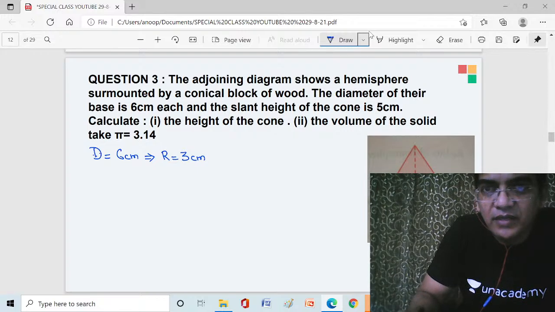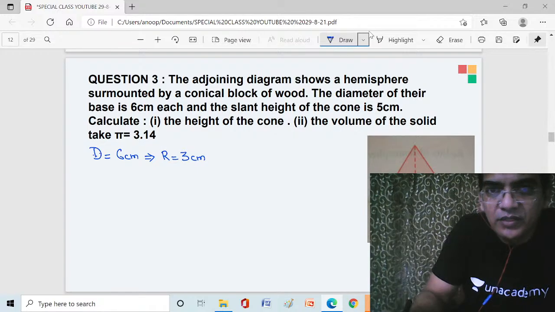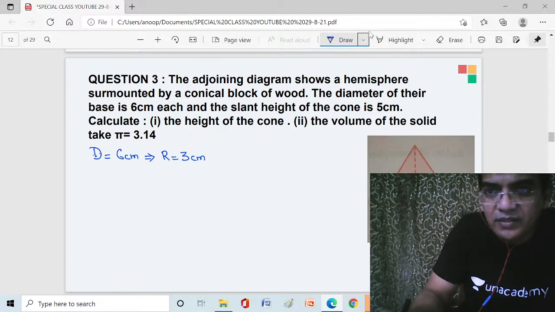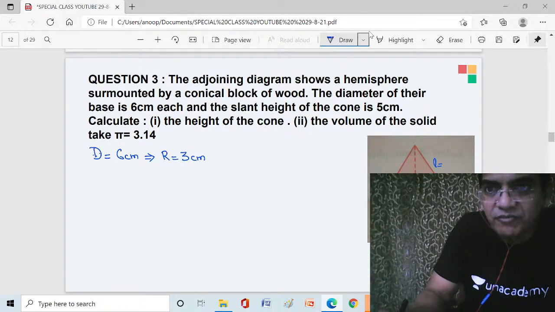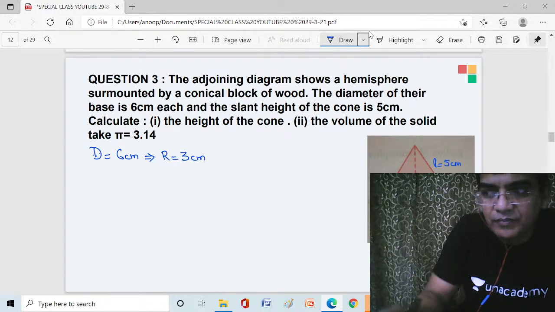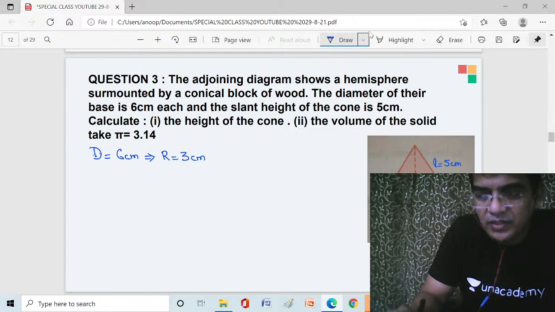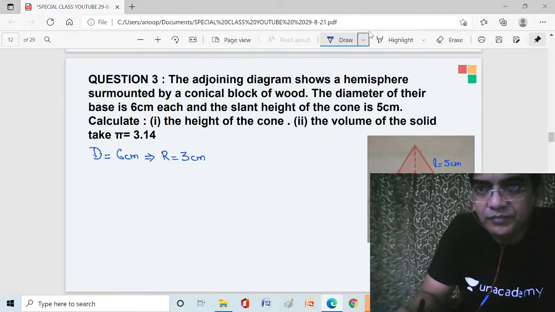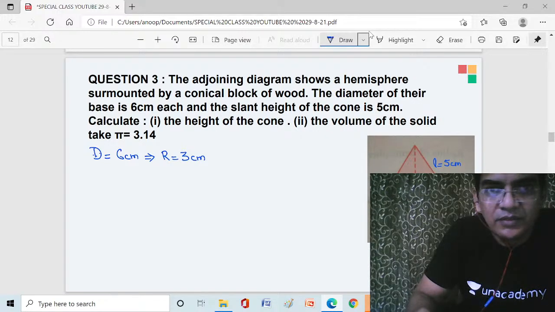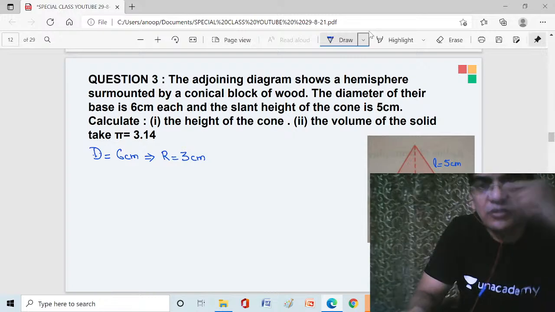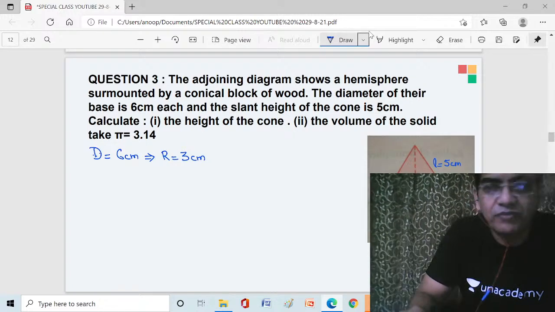The slant height of the conical portion, so this slant height, that is l, is 5 centimeter. Now first of all, they have asked us to find the height of the cone.